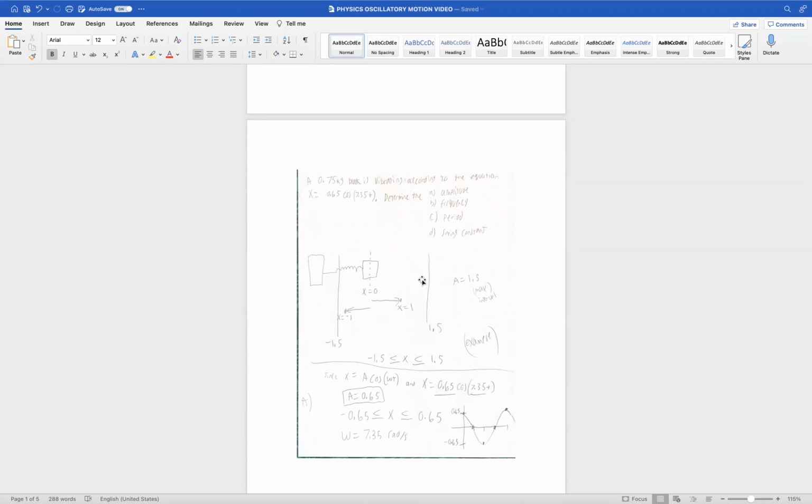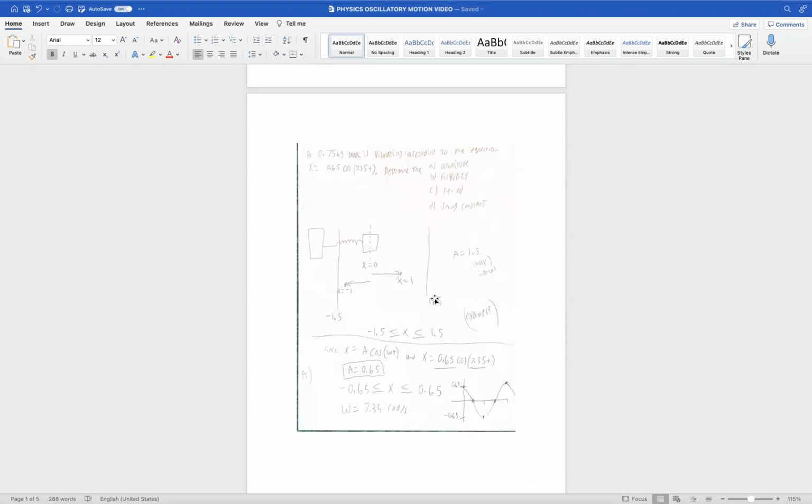So right here, this is just an example where, if this is 1.5, the amplitude is the highest it can go, and if the highest it can go is 1.5, the lowest it can go is negative 1.5, and that's the max interval.